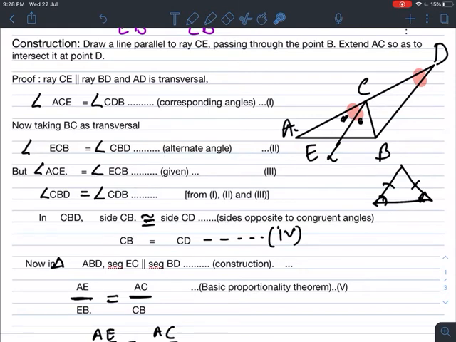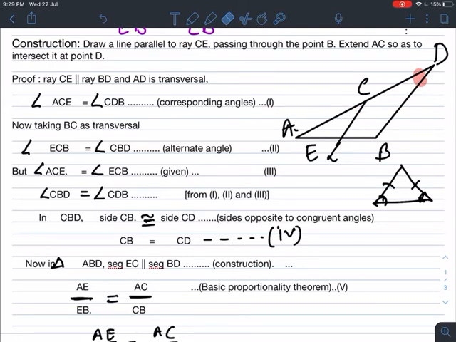Now we have proved CB and CD are equal. Now in triangle ABD, the construction is there, EC is parallel to BD, so by the basic proportionality theorem AE upon EB is equal to AC upon CD. Since this line is parallel to this, we can use the basic proportionality theorem. I will cut this part so that you will come to know very easily.